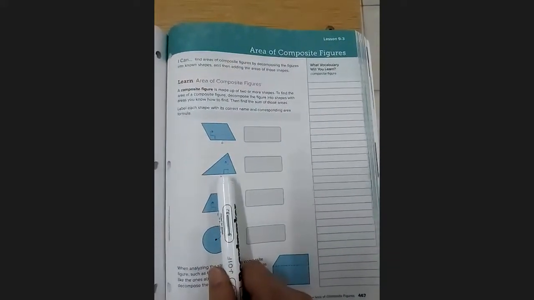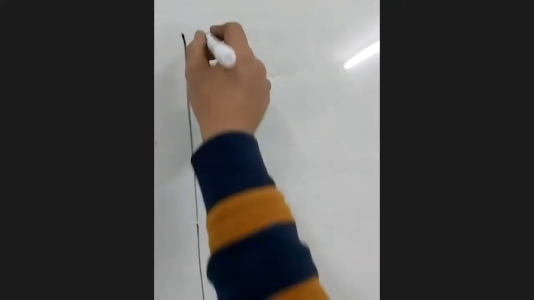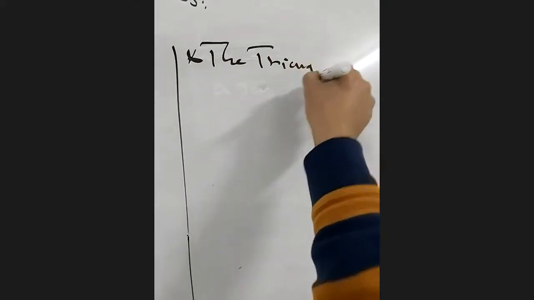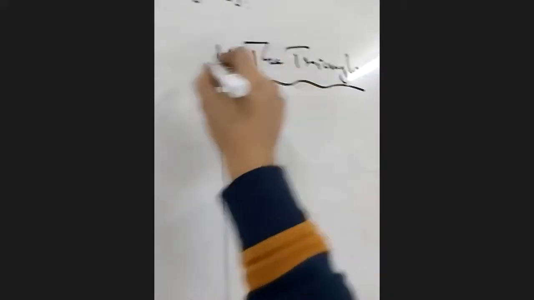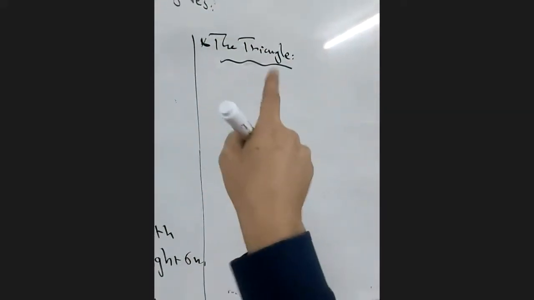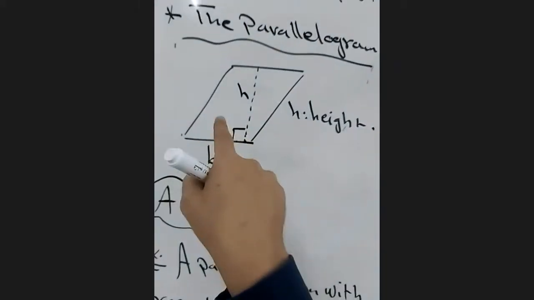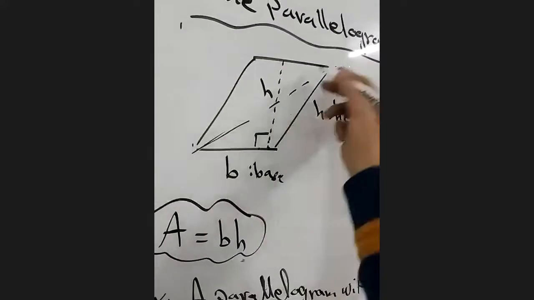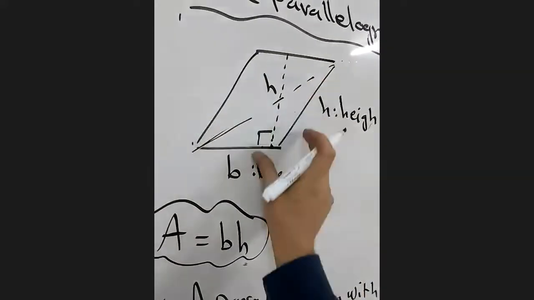The second graph is the triangle. The second graph is the triangle. The triangle. Now the triangle, focus guys, the triangle is half of the parallelogram, means if we make a diagonal here, we have two triangles.